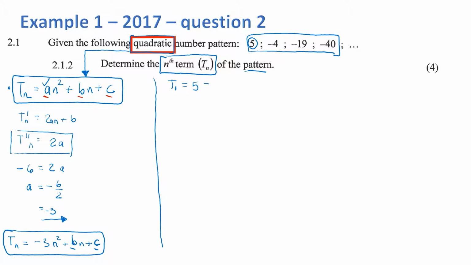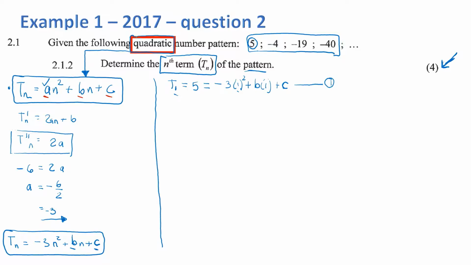But that's also equal to minus 3, which is a, times n, which is 1 squared, plus b times 1, plus c. Okay, that's our first equation. By the way, once we've done this, we score 4 marks over here, right? So it's easy to get it right.